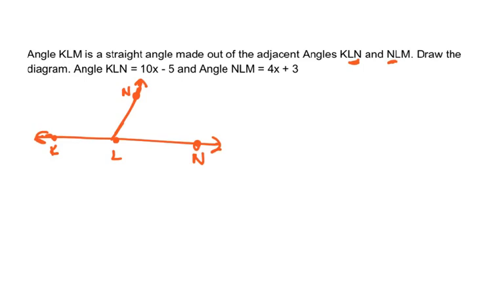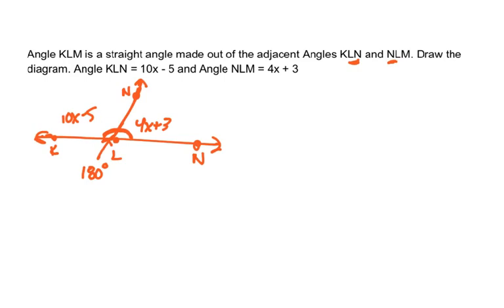And then KLN is 10x minus 5. NLM is 4x plus 3. And they just said it's a straight angle, so we don't know how much it... Oh, wait, we got told that straight angles are 180 degrees. So this is another addition problem.